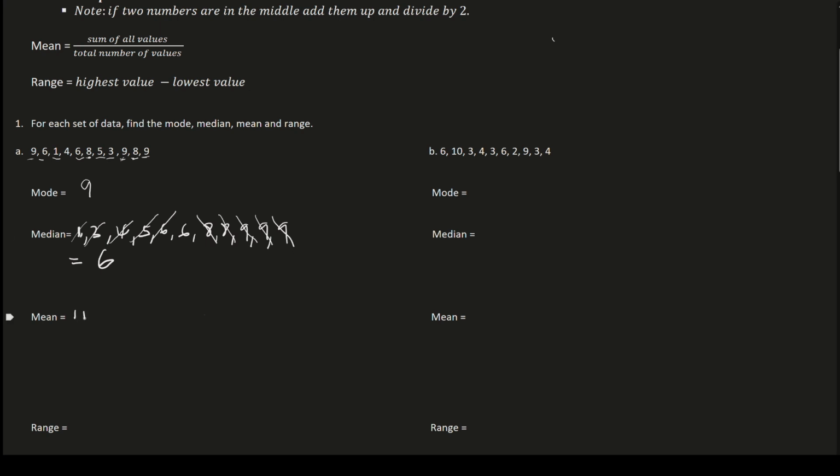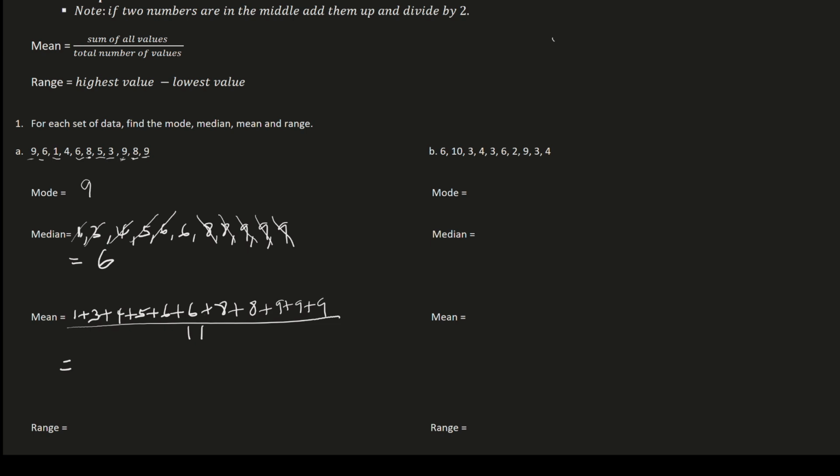So I have 1, add 3, add 4, add 5, add 6, add another 6, add 8, add 8, add 9, add another 9, then add 9. All over, how many numbers do we have? 1, 2, 3, 4, 5, 6, 7, 8, 9, 10, 11. All over 11.